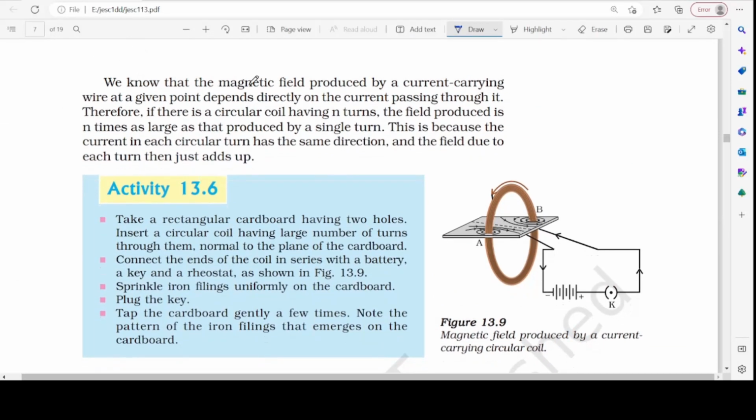Now, as we know that magnetic field produced by a current carrying wire at a given point depends directly on the current passing through it, therefore, if the current carrying circular coil has n turns, the field produced will become n times large. Why?